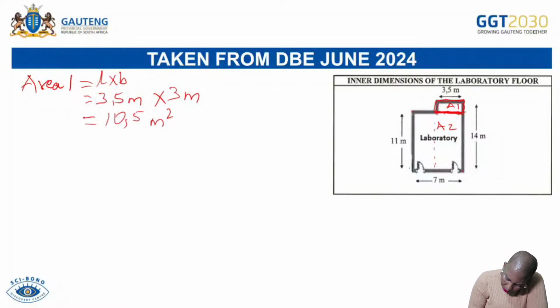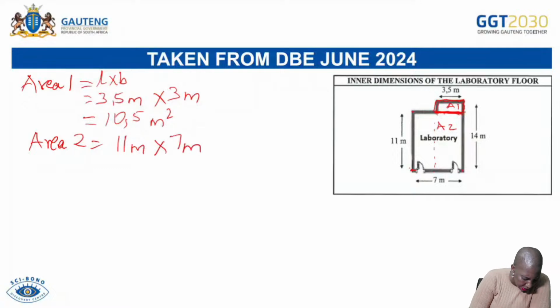And then now we come to this one. For this one now, we are having from here up until here, and then from here up until here. So our length, area 2 now. Area 2, it will be what? It will be 11 meters multiplied by what? By 7 meters. So 11 multiplied by 7 will give me 77 meter squares.